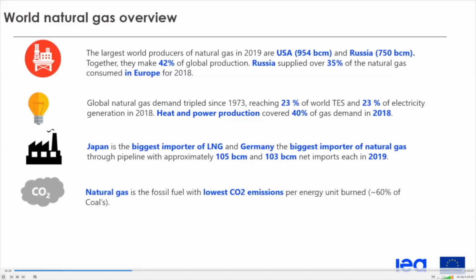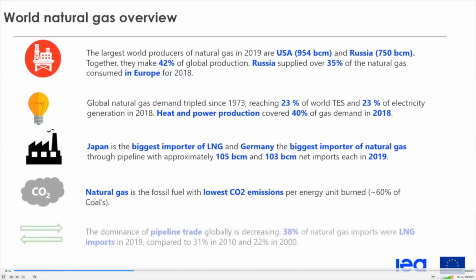It's around 60% of coal, for example, which explains the interest of many countries in using this fossil fuel to reduce their carbon footprint while doing their green energy transitions. And as I told you, the dominance of pipeline trade has been decreasing since the emergence of liquefying technologies, which help bring this fossil fuel into other countries.